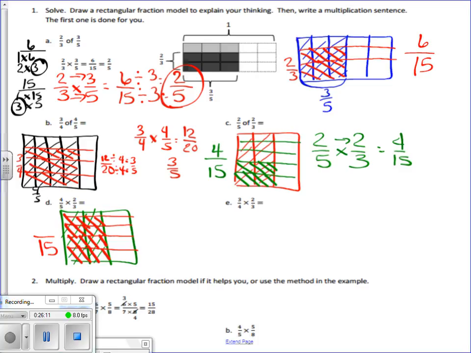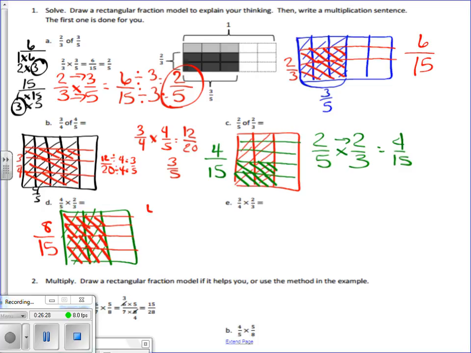And 1, 2, 3, 4, 5, 6, 7, 8 of them are colored in. So with 8, 1 and 8, 2 and 4, none of those will go into 15. That's as small as it goes.